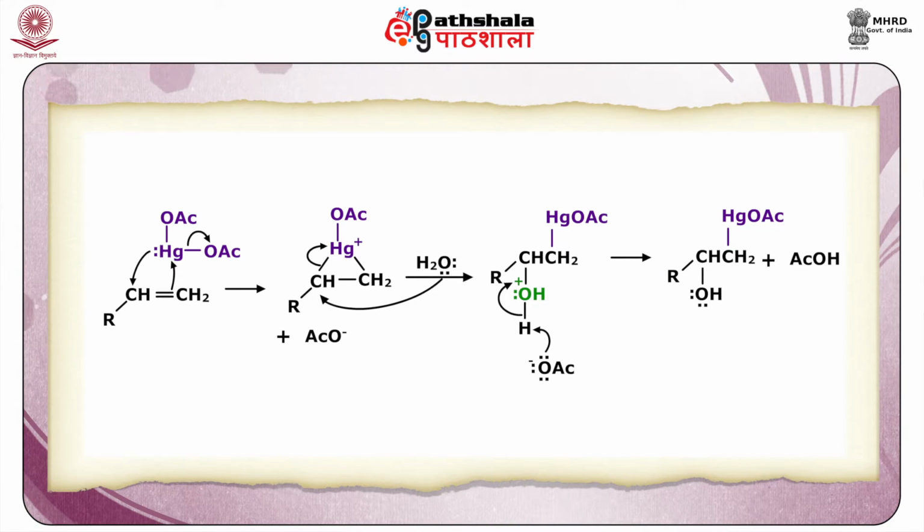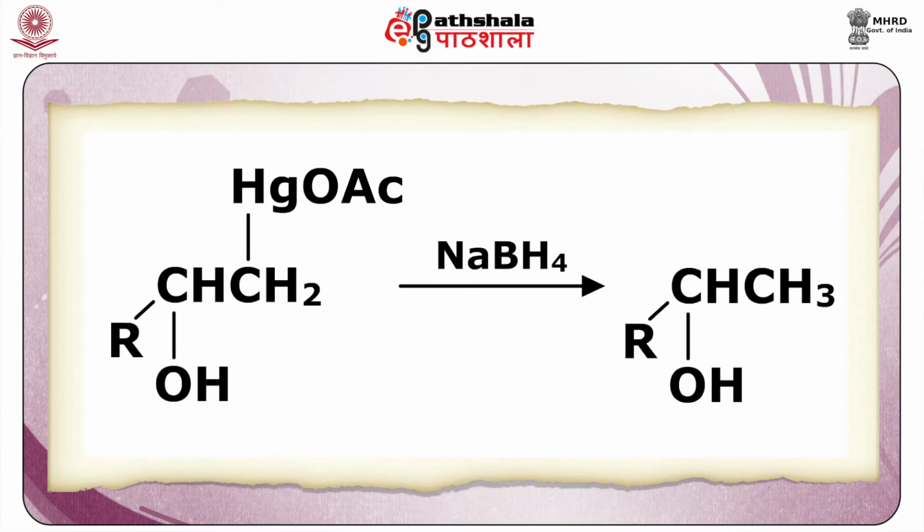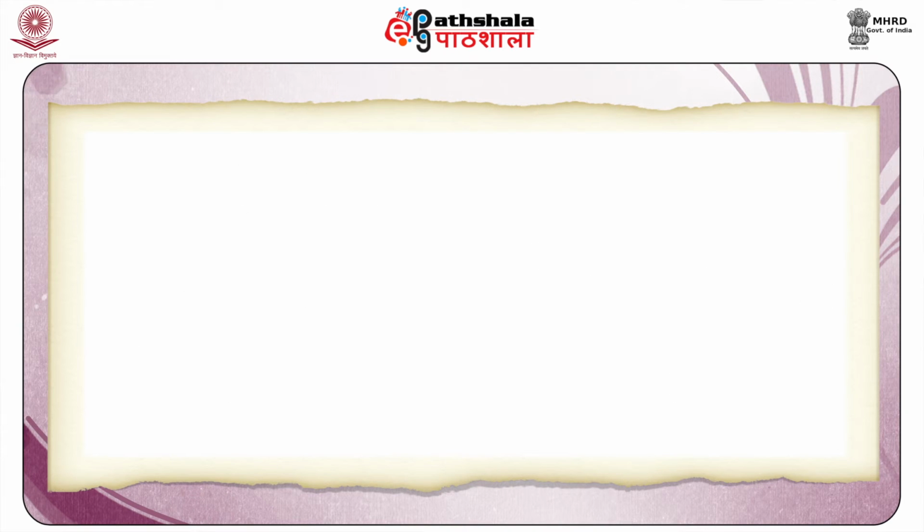That is, there is the addition of OH and HgOAc. And to obtain the desired alcohol, demercuration is then achieved by the reaction with sodium borohydride, which will replace the mercury species with the hydrogen atom, as you can see here.